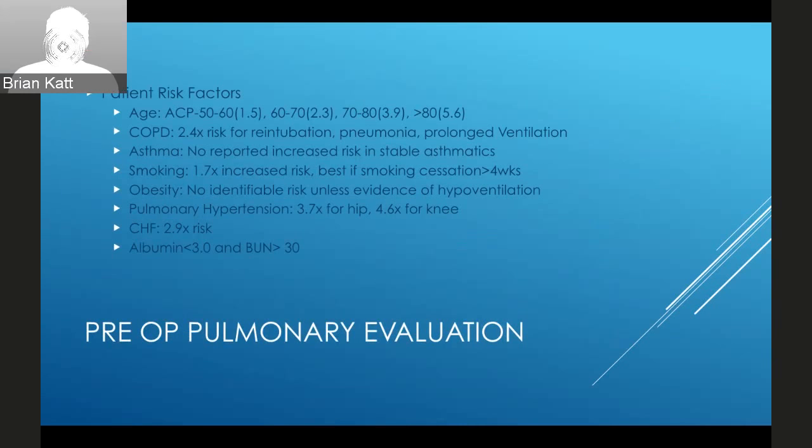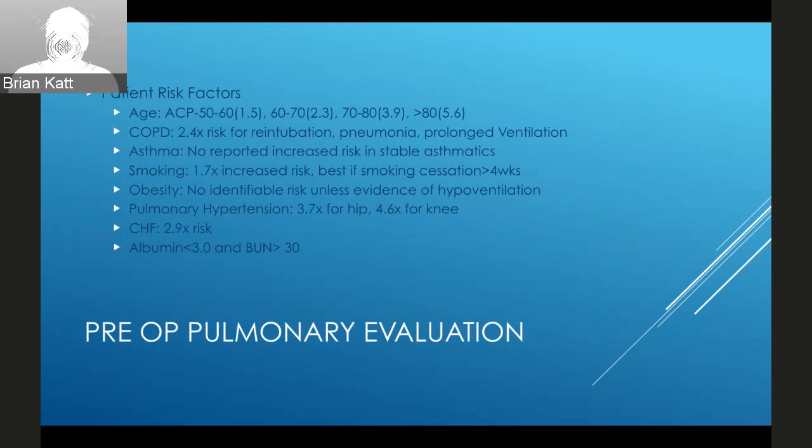Obesity by itself is not a risk factor unless it overlaps with other issues. If you have obesity plus COPD, if you have obesity plus obstructive sleep apnea, or if you have obesity with other evidence of hypoventilation, then obesity becomes a risk factor. Signs you can look for hypoventilation in obese patients are, for example, slightly reduced oxygenation.